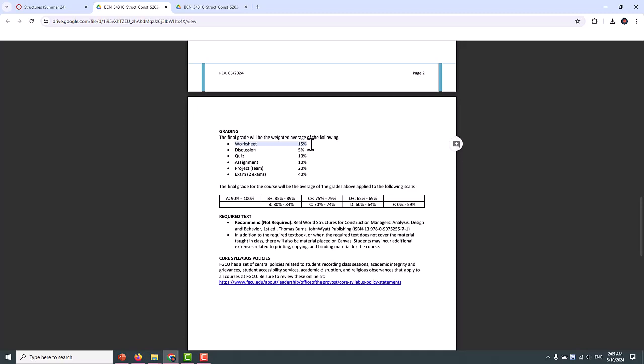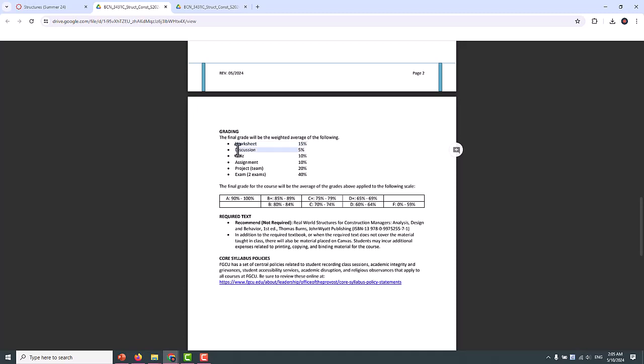That is the maximum point for the worksheet, 5/5, which means that you have the submission, but some of the answers in your submission may have some minor errors. You still get the full credit. So whenever you see the worksheet, just watch the video, do that on paper, scan the paper, and then submit it to get the full credit.